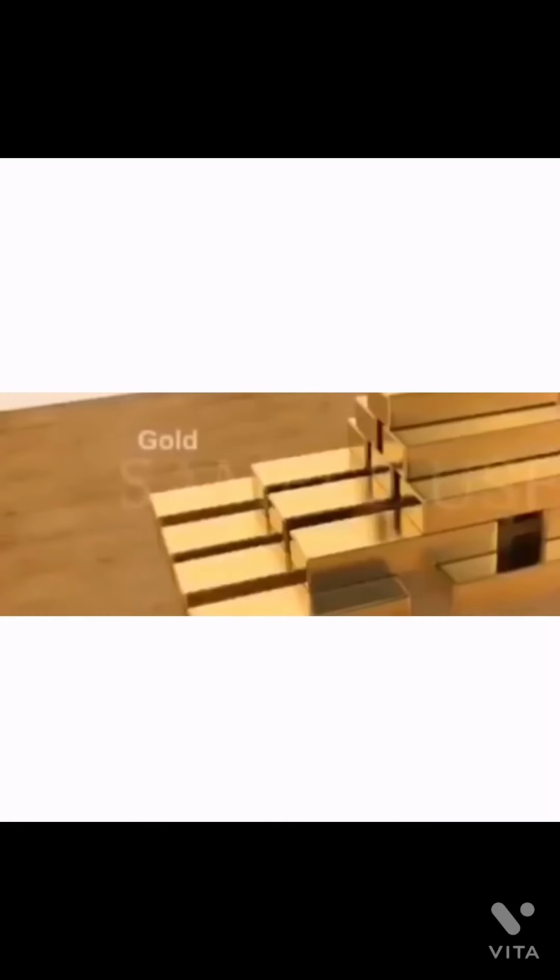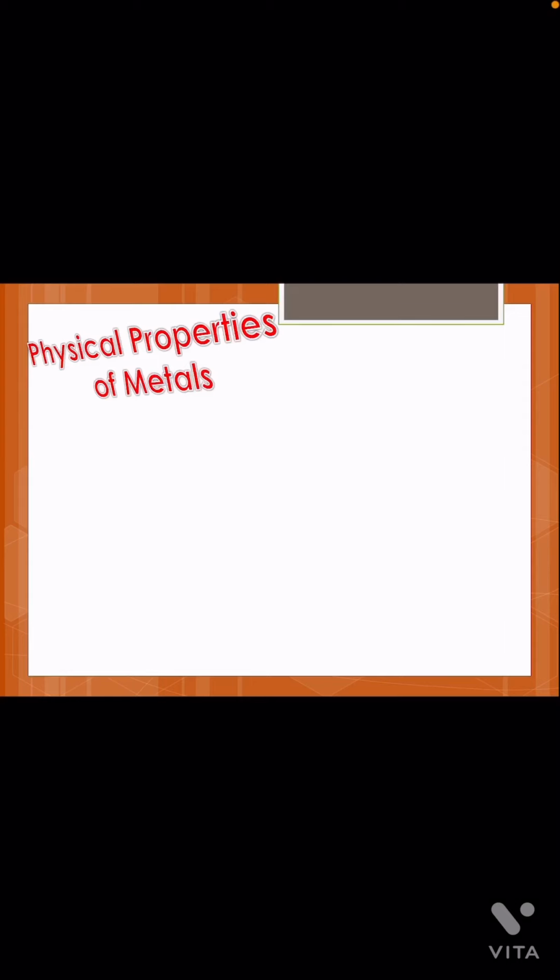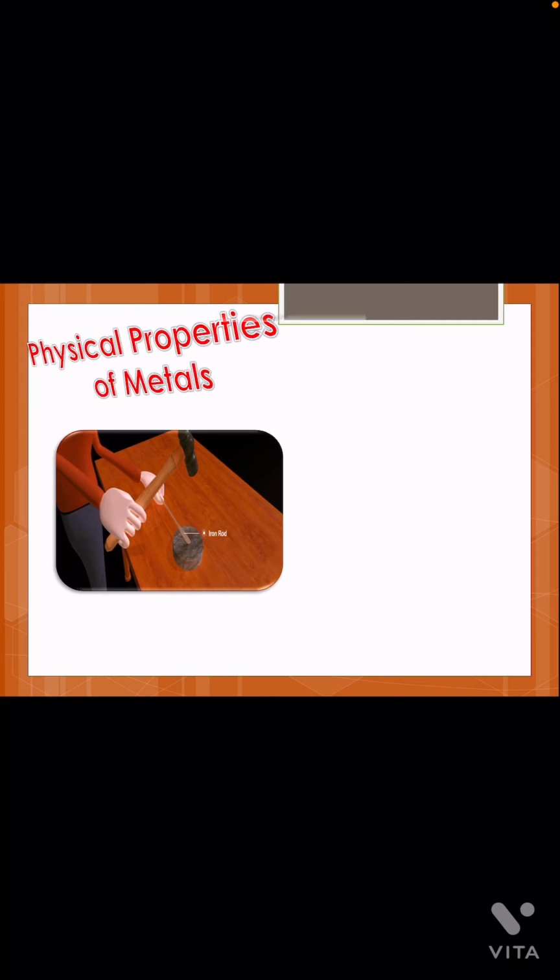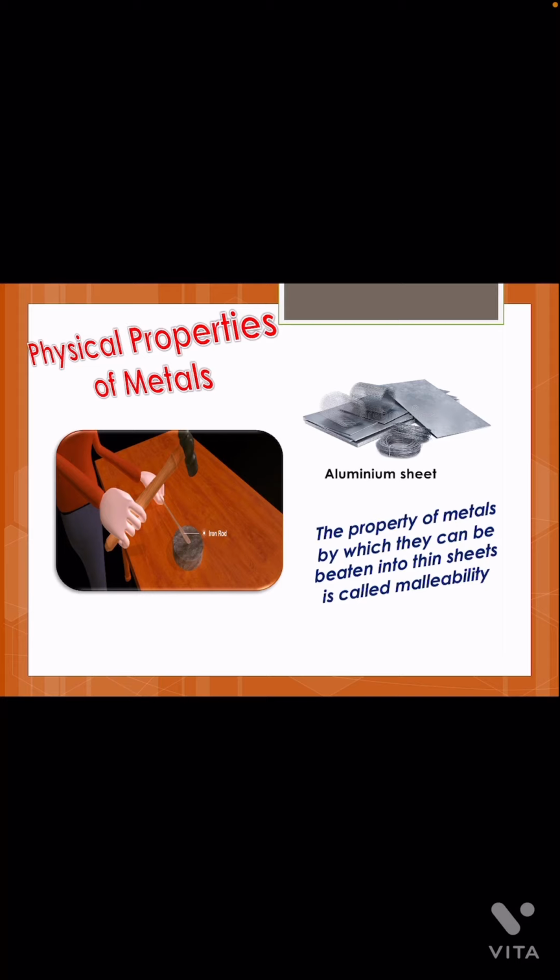As we discussed, when we strike or beat harder, a piece of iron can be changed into sheets. The property of metals by which they can be beaten into thin sheets is called malleability.